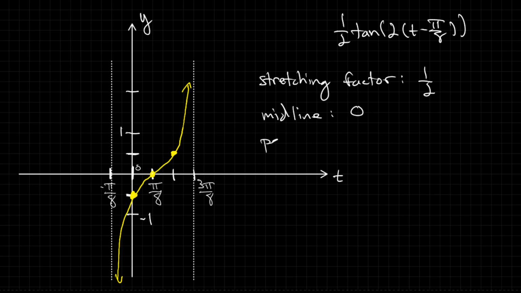The period is pi, the period of the parent, divided by whatever is here, so 2. And then finally, the phase shift is positive pi over 8.